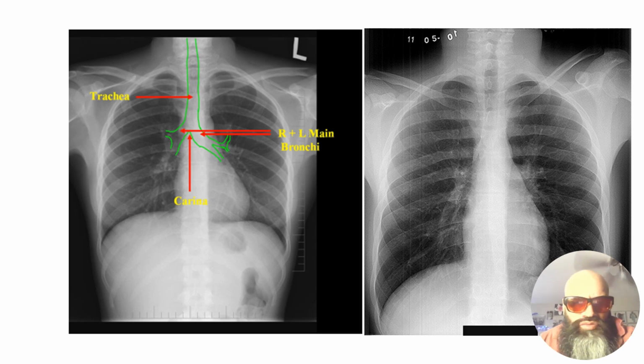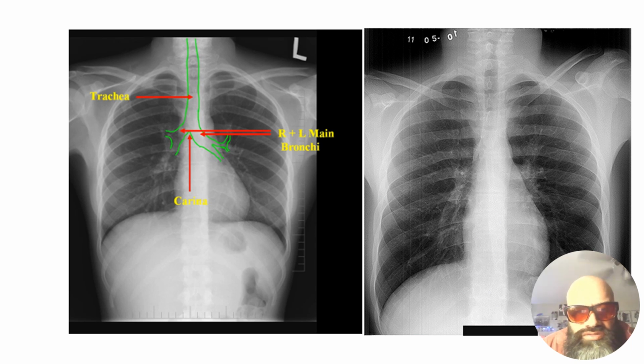So what we're looking at here is another set of normal x-rays, chest x-rays in particular. This is the frontal view of the normal chest x-rays you can see here. This particular image has your trachea, carina, and right and left main bronchi outlined for you.